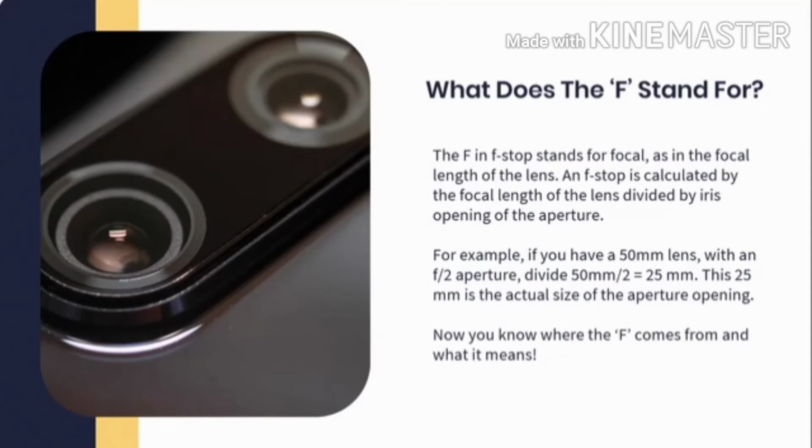Now, that's all quite complex. It's all very mathematical. Does it help with your photography? Probably not really, not at this stage, but now you know where the F comes from and what it means. What we really need to understand is the effect that it has on our photographs. A lower aperture number is going to give us a wider aperture, meaning a shallower depth of field.